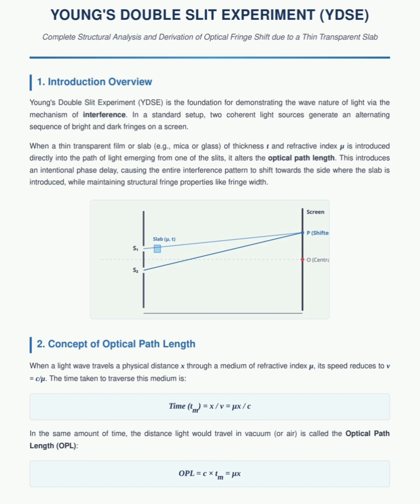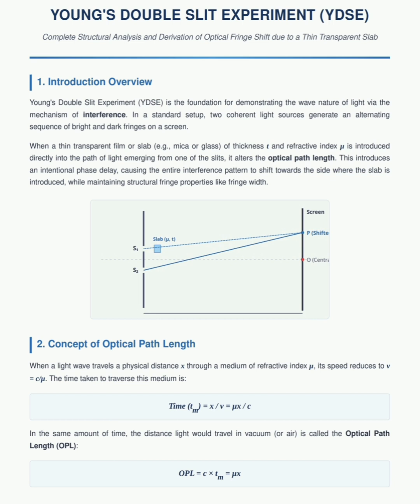So when a light wave travels a physical distance x, which we can call the geometrical distance, through a medium of refractive index mu, its speed reduces to v, and this v is c by mu.